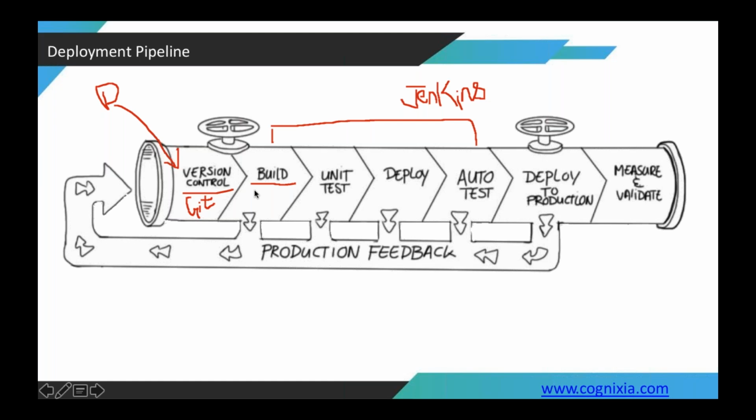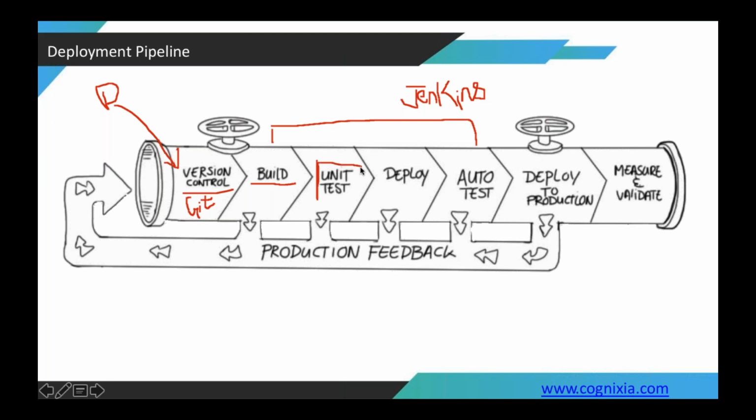To be more specific, the code will be downloaded onto the Jenkins workspace, and then the build is going to occur, which will call the remote repository, and everything is going to be downloaded onto Jenkins, and an artifact will be generated on the Jenkins machine. Now, once the build is triggered, the unit test cases are going to be executed.